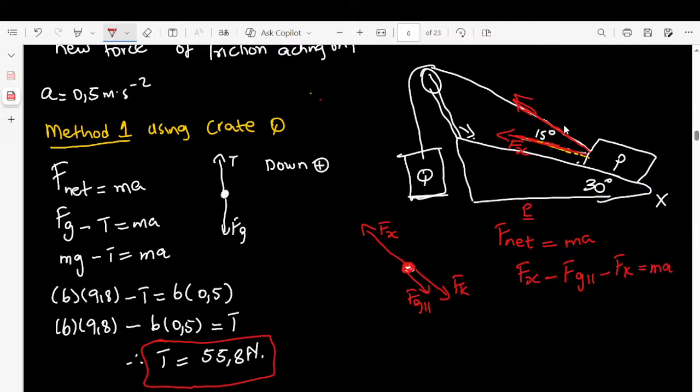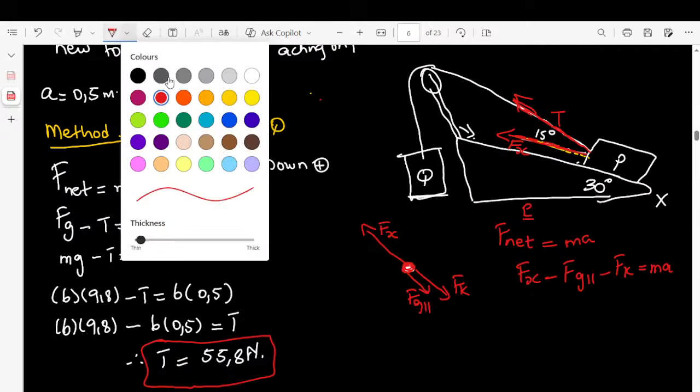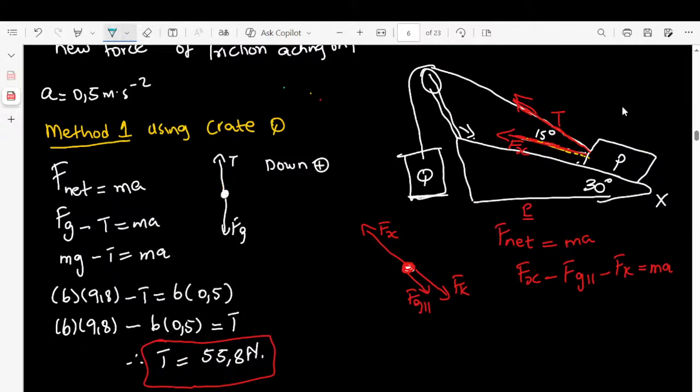Look at this. This is my tension. Remember Fx will be what? If you still remember, Fx is F applied times cos of theta. But this time it's not applied force, it's tensional force. So Fx is equal to T cos of that angle, the 15 degrees.